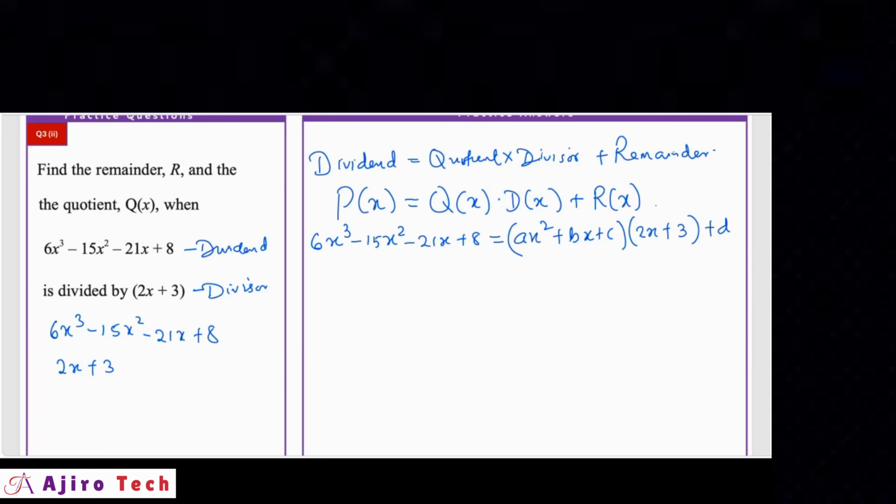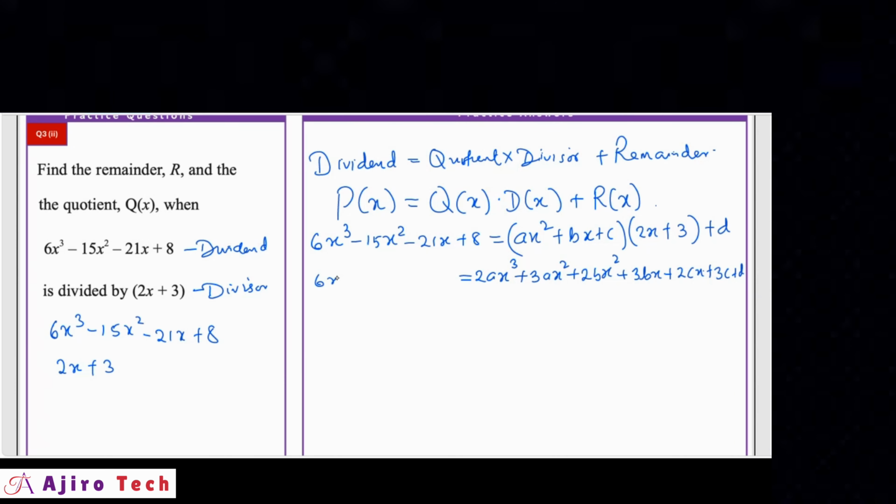So we have this to be 2ax cubed plus 3ax squared plus 2bx squared plus 3bx plus 2cx plus 3c plus d.